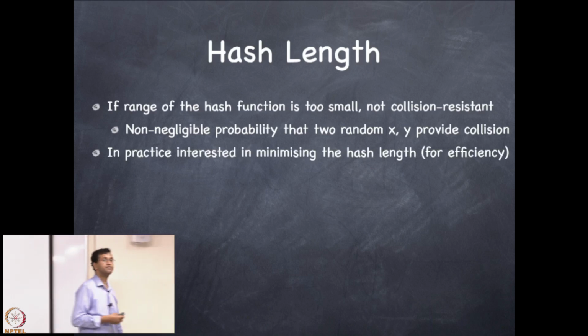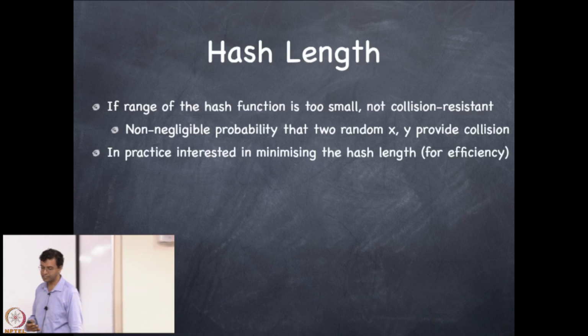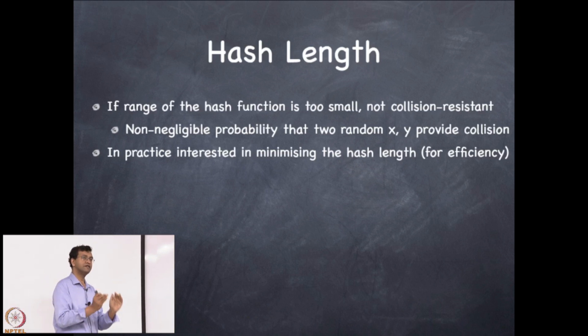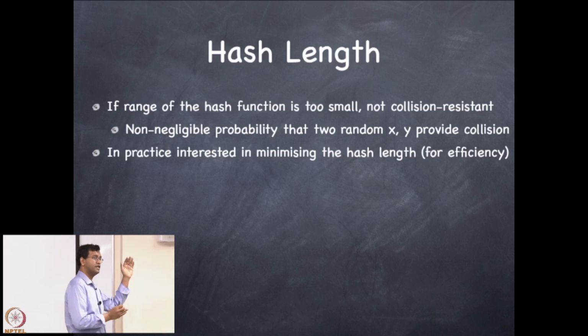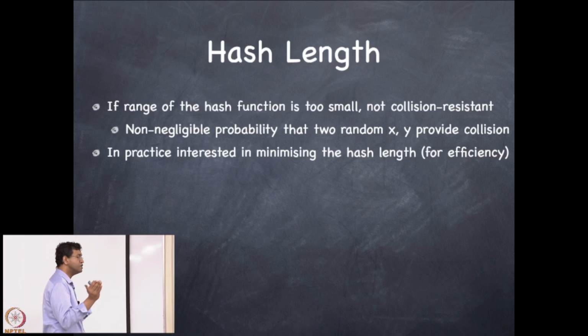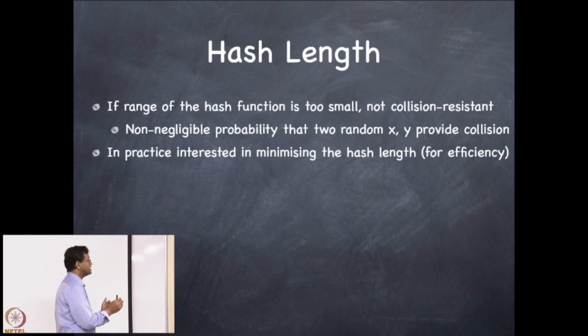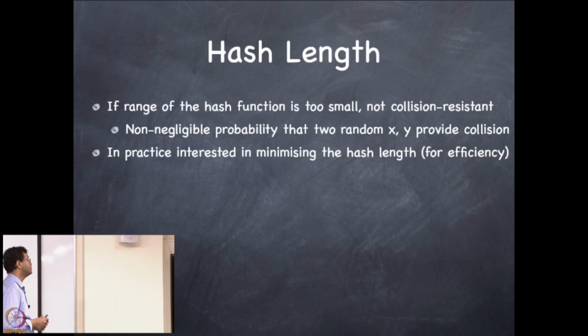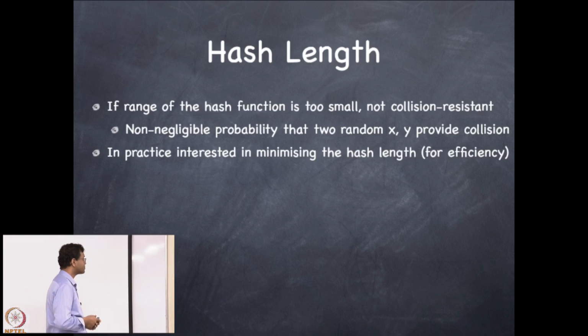On the other hand, in practice, the whole point of using this hash function often is to take your input and make it much shorter, so that you can then sign it or authenticate it using a MAC. So you want the output to be as short as possible for efficiency purposes. But there is this tension: if it's too short, it won't be collision resistant, and then whatever you're trying to do will not be secure.